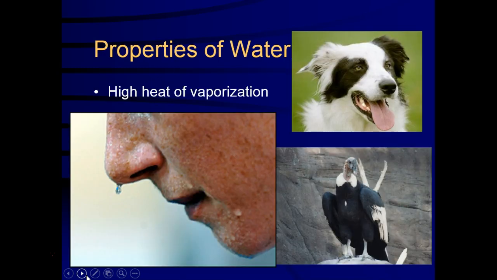Turns out that because of this process, we can use the evaporation of water as a way to cool ourselves off. In fact, we describe it as evaporative cooling. On our bodies, as humans, we have over 3 million sweat glands.